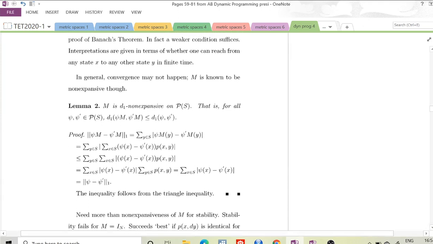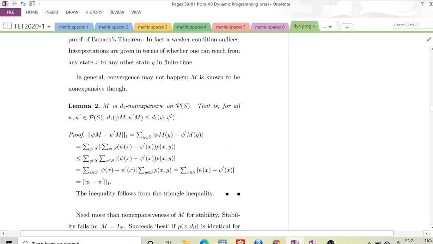In general, convergence may not happen. All we can ensure is that no matter what stochastic matrix M, or no matter what Markov chain we have in mind, this M is non-expansive on PS.